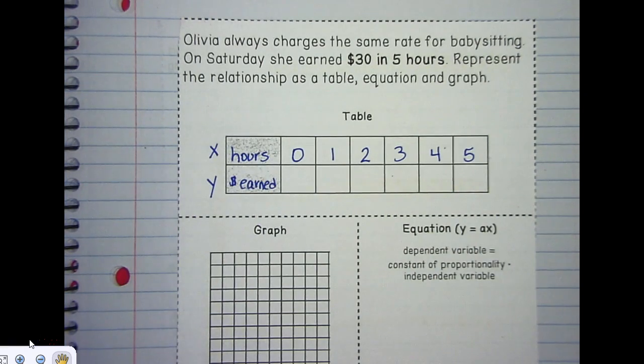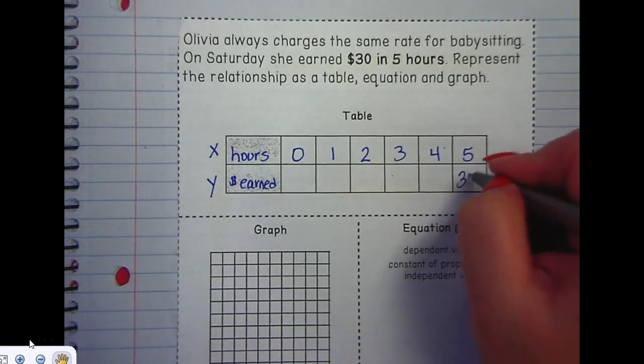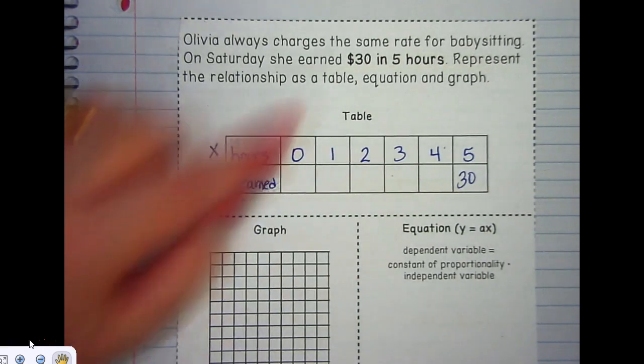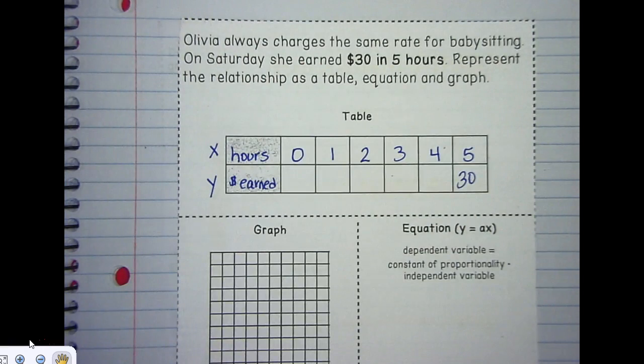Aiden, what do you think? So we know that 5 hours was $30. Does everybody see how Aiden knew that up here in the problem? 5 hours is $30. What else? Is there anything else in there we already know?